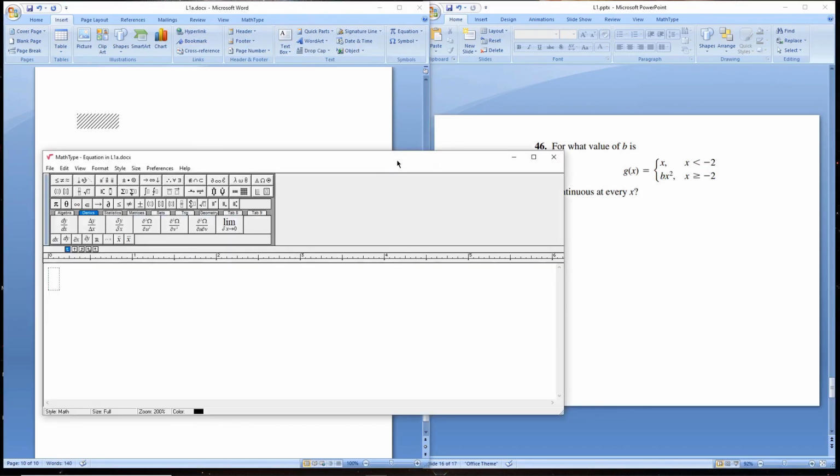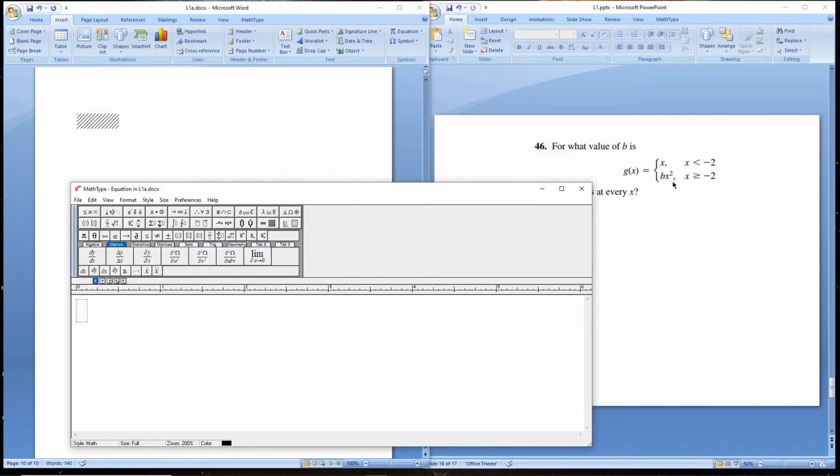What does it mean mathematically for these equations to touch? What that means is at this point, -2, they must equal each other. So we have our equations. Now, we're not saying these equations are equal everywhere, because they certainly aren't.